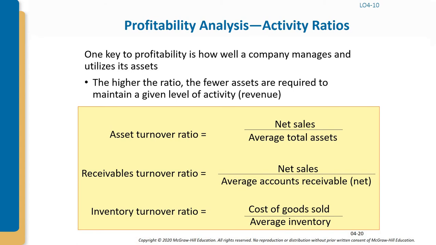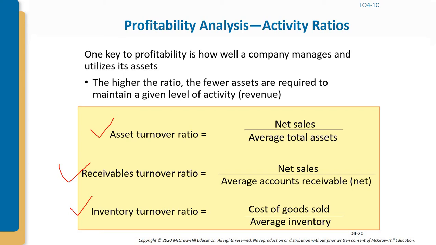The first one we are going to discuss is the profitability analysis, the activity ratio. One key to profitability is how well a company manages and utilizes its assets. The higher the ratio, the fewer assets are required to maintain a given level of activity, okay. And we have the common ratios: asset turnover ratio, receivables turnover ratio, and inventory turnover ratio, okay.